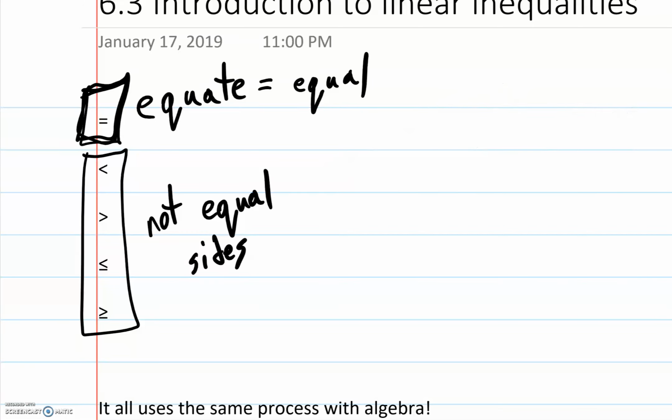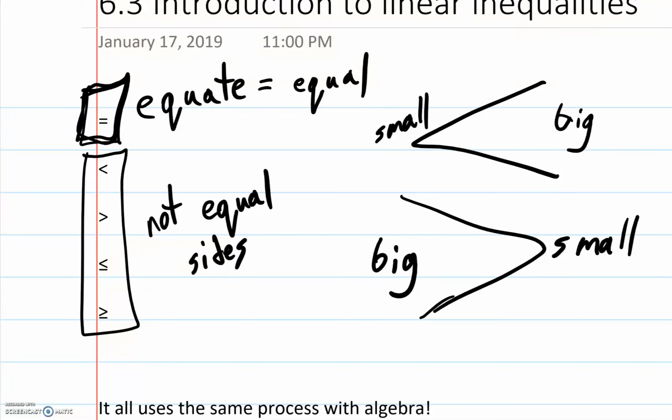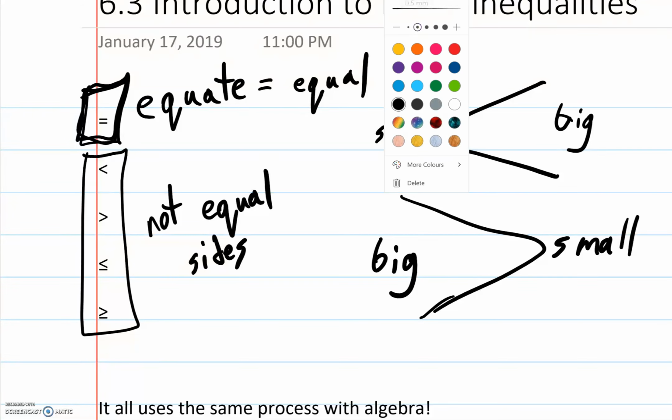Let's just draw that again. So this is big, small. And if I do it the other way, you can still see this side is smaller and this is bigger. For some reason the alligator thing helps me remember it better, so hopefully it helps you as well.